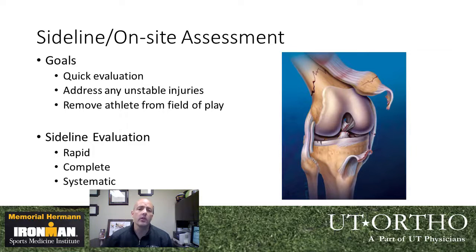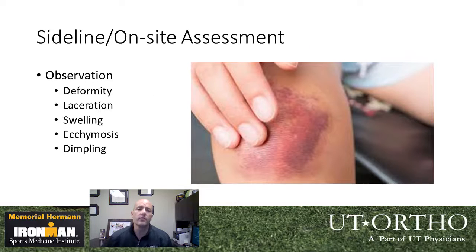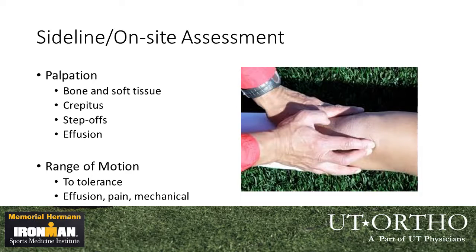Our sideline or on-court evaluations include rapid, complete, and systematic evaluations of the athlete. We want to observe for any deformity, laceration, swelling, ecchymosis, or dimpling. Palpation, or feeling for any bone or soft tissue abnormality. Crepitus can clue us into a certain injury.